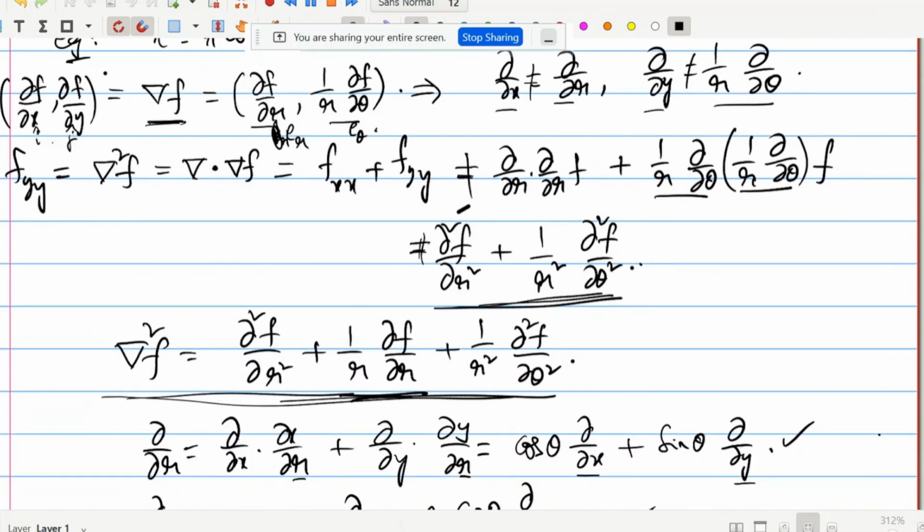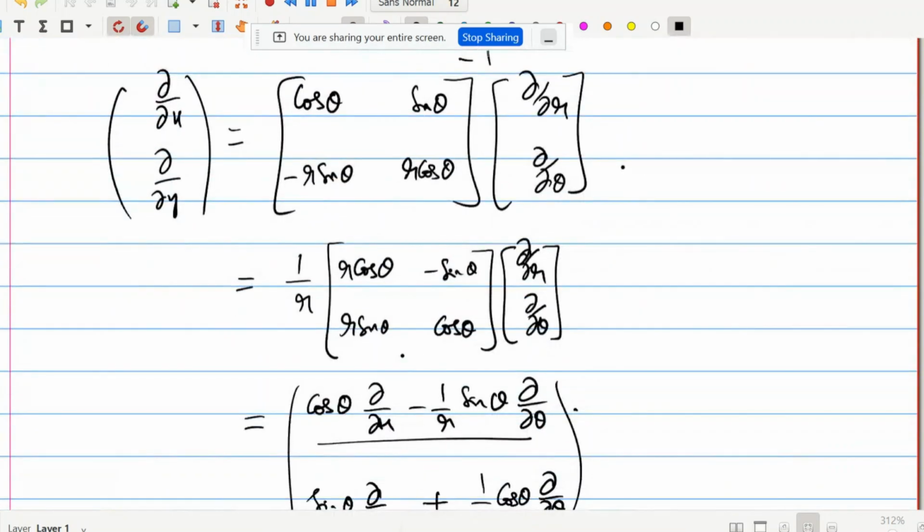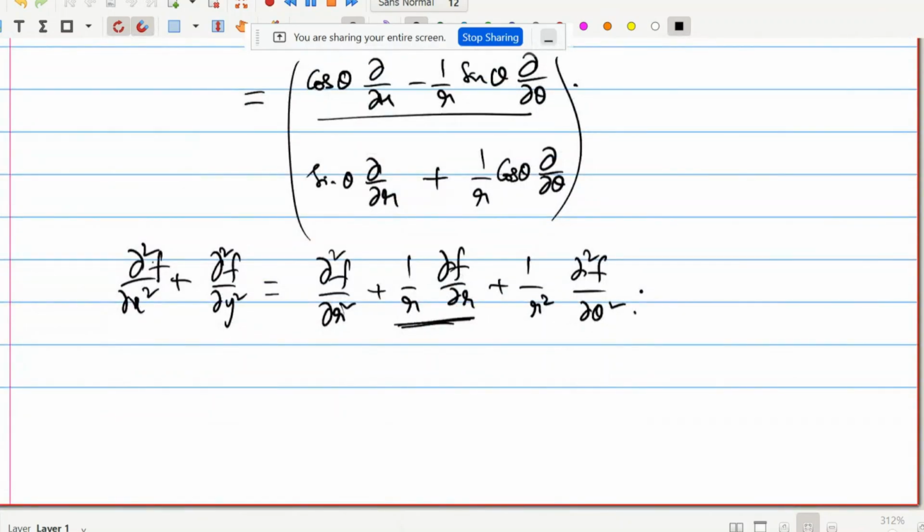So what do you do now? For that reason, we need del dot. You don't equate like that; instead you try to calculate del dot of some vector valued function.